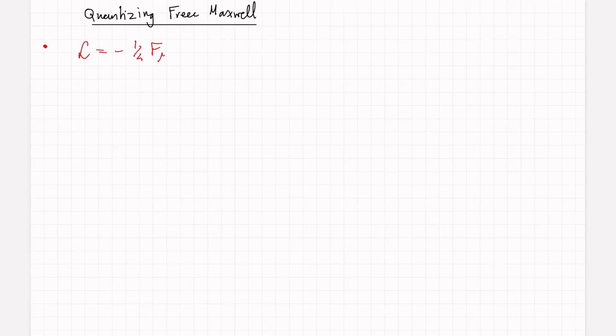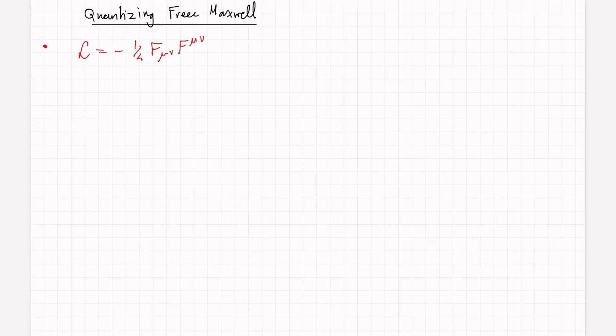So we want to quantize, and let's once again start with the simplest thing: quantizing free Maxwell first. First and foremost, we are not going to discuss canonical quantization of electromagnetism in detail, but let me give a couple of comments on it. We ended up with this Lagrangian, F mu nu F mu nu.